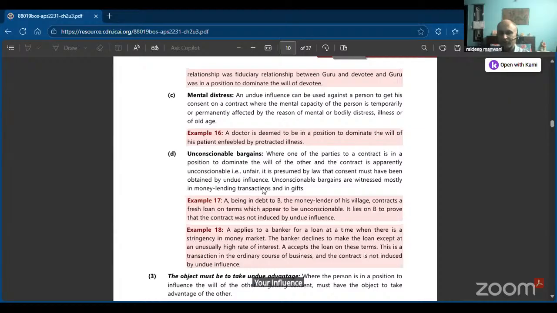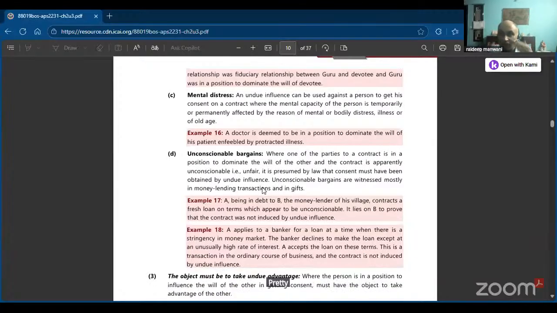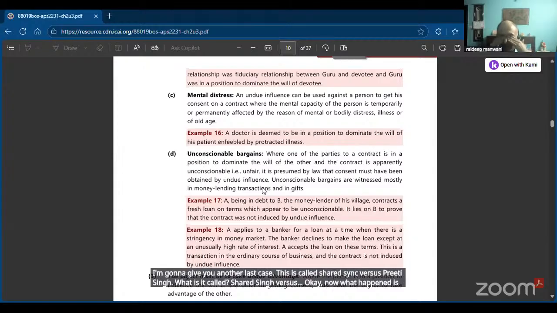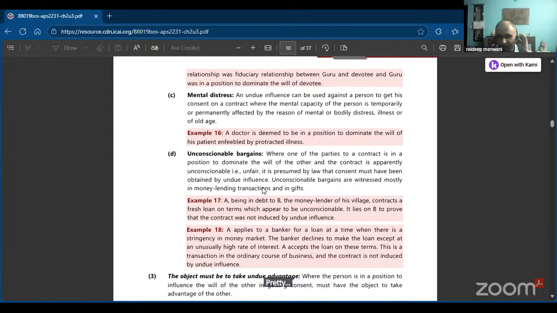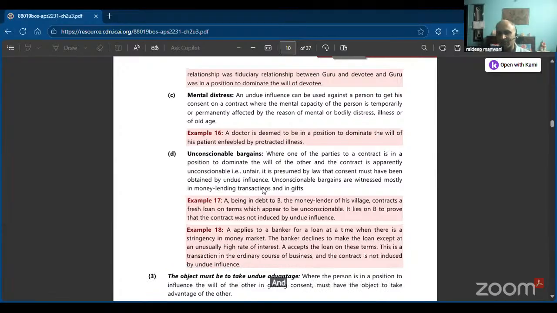I'm going to give you another last case. This is called Sher Singh versus Preeti Singh. Sher Singh had lots of acres of land. He was an 80 to 82-year-old man, and nearby his niece used to live. You know, niece, no? Brother's daughter.